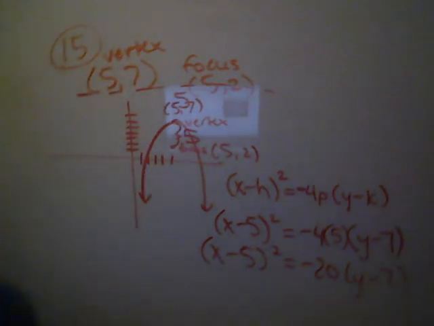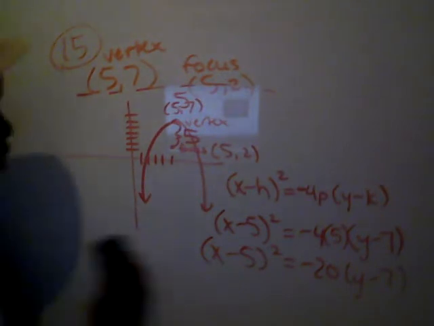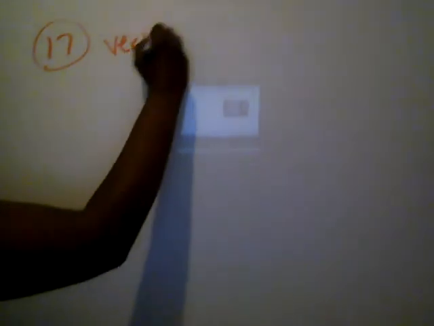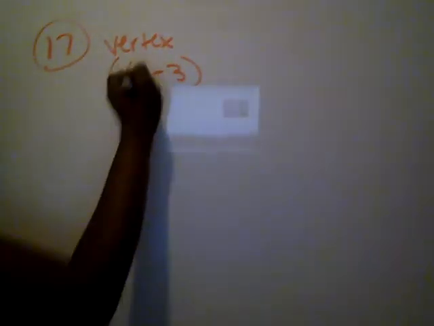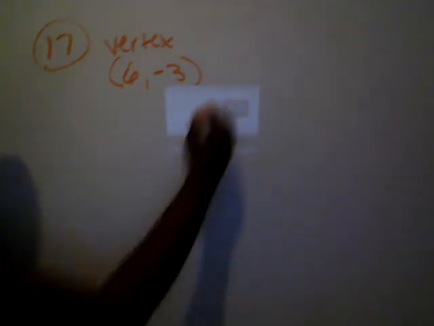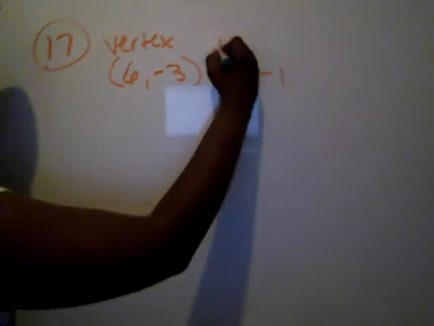All right, so let's skip to 17, and then we'll finish up with 18. So for 17, we have the vertex is 6, -3, and then the directrix is y equals -1.